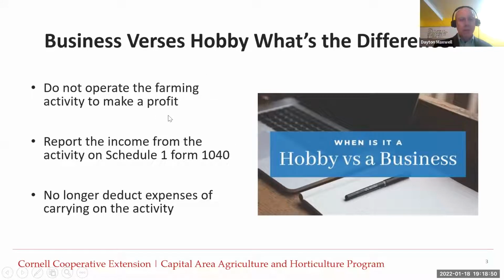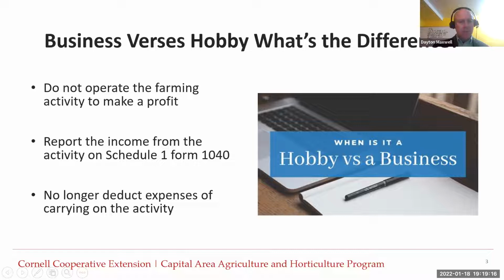So if you're considered a hobby, the condition is that you're not able to write off your expenses, but you have to report the income. So again, the good thing about being recognized as a business is you can deduct those operating expenses and reduce that taxable income.